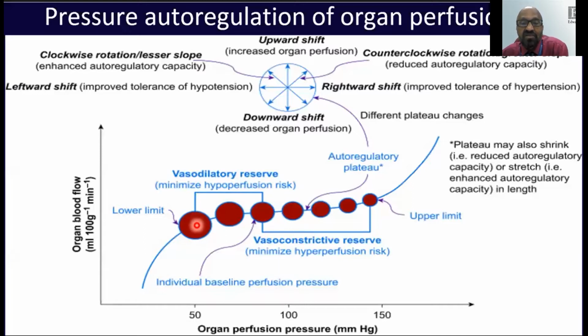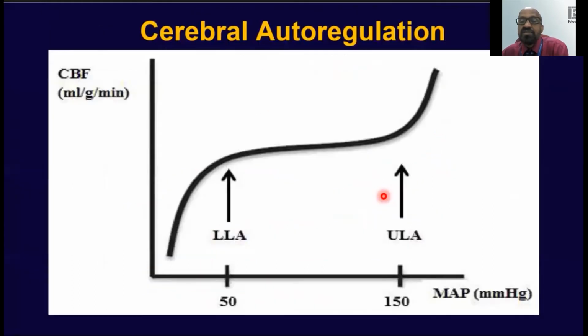Beyond these autoregulatory limits, the blood flow to a given organ is passive, in the sense that blood flow is decreased in this part of the curve, and blood flow may be increased in this part of the curve. This is the classical representation of cerebral autoregulation. And we have the lower limit of autoregulation here and the upper limit of autoregulation here.